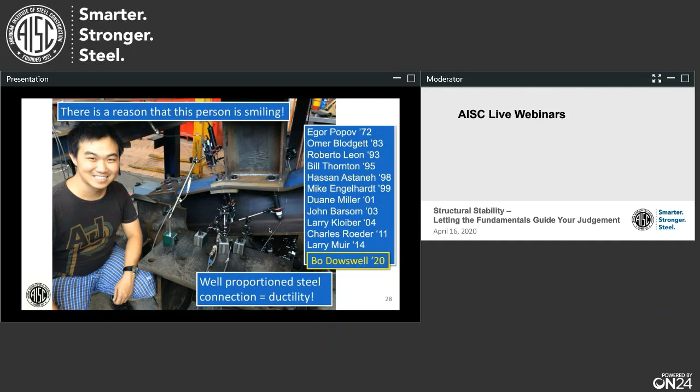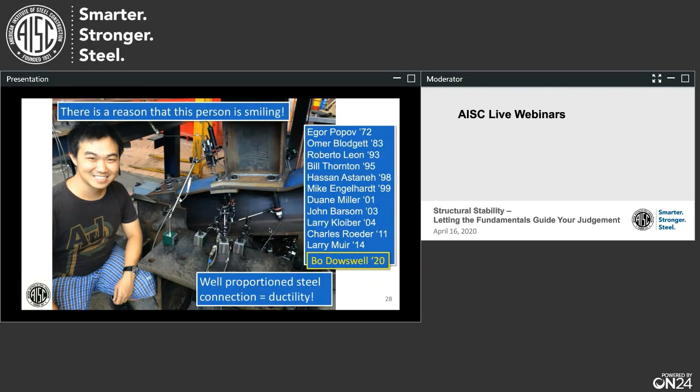Over on the right is something I'm going to try to do throughout my lecture, and that is introduce people that have won the T.R. Higgins Award in the past, but have also contributed to the different areas of research. So that's who's on the left there. Those dates do not reflect their college graduation date, not at all. It's the year that they won the Higgins Award. And you can see quite a list of names, very famous people I'm sure many of you have heard of before.